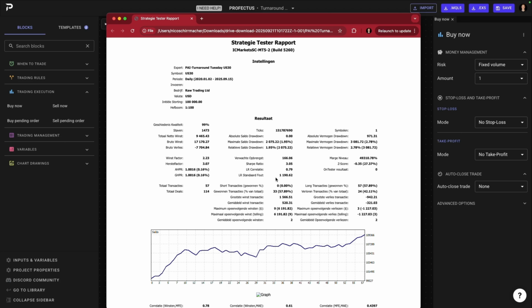Then the numbers you can be curious about are the average winner and loser, and the biggest winner and loser. So here the biggest winner during this backtest from 2020 until 2025 has been roughly 1,500 euros. The biggest loser has been roughly 1k, 942. The average winner sits at 520 euros and the average loser at 321 euros.